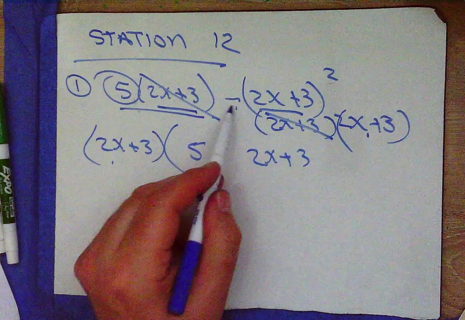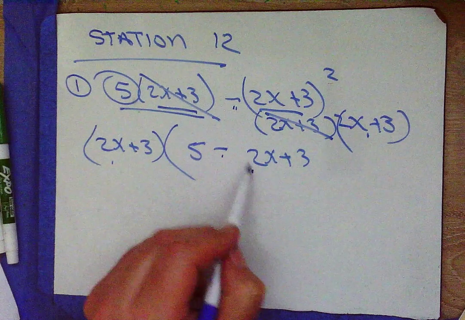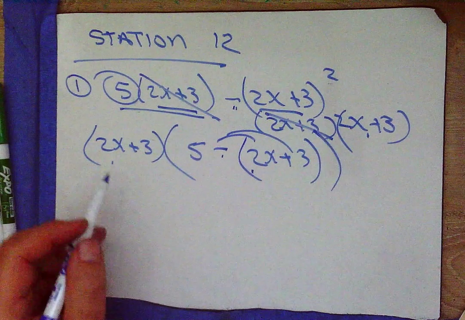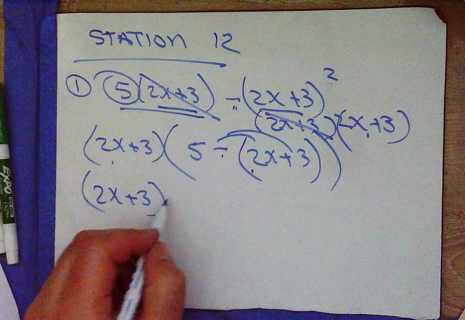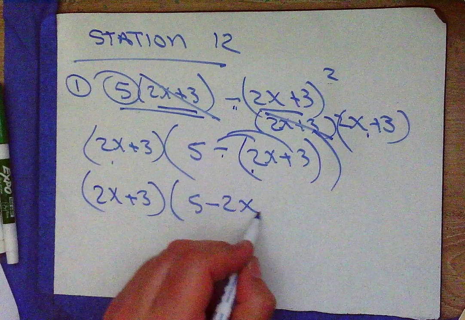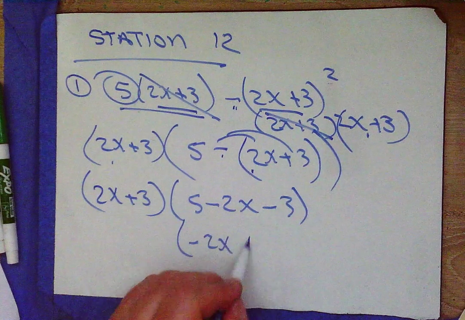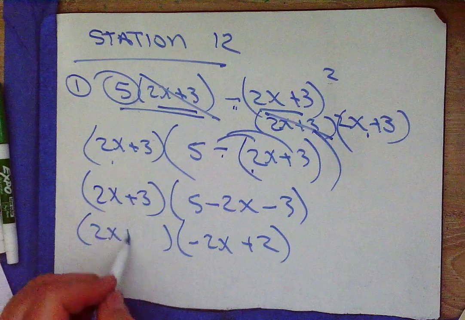Be careful. See that minus? That minus doesn't just go to the 2x. It has to be distributed. Oh, so many people make mistakes with that. 2x plus 3 times 5 minus 2x minus 3, or negative 2x plus 2 times 2x plus 3.